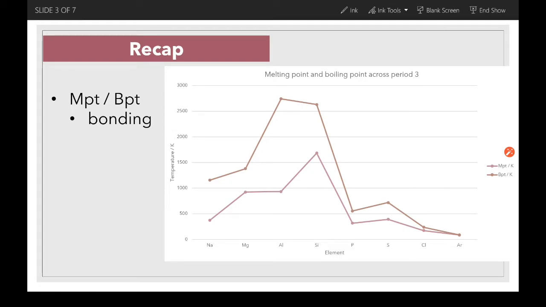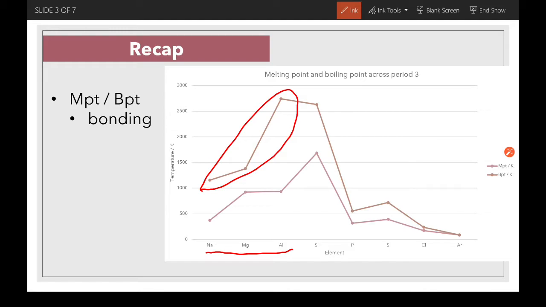We looked at how the melting points and the boiling points changed, and we explained this in terms of the structure and bonding. For our first 3 elements going across the period, sodium, magnesium and aluminium, we saw a general increase in melting and boiling points, and we explained that in terms of their metallic bonding.